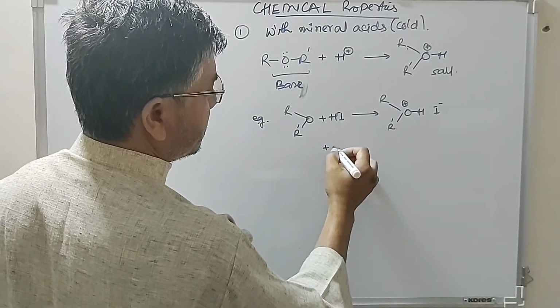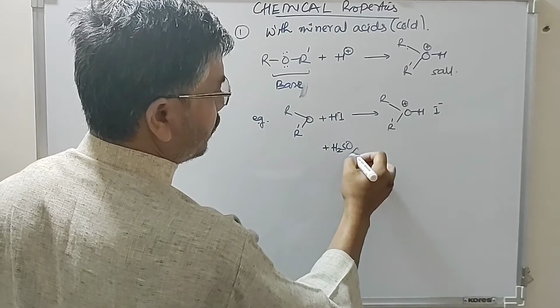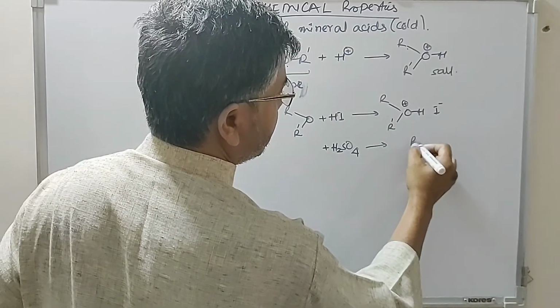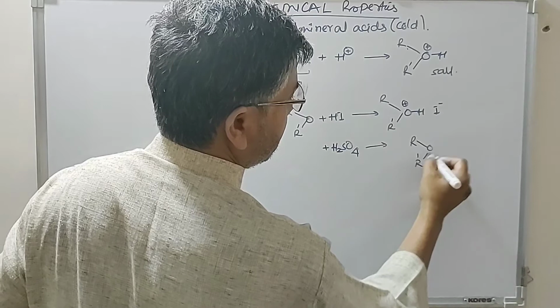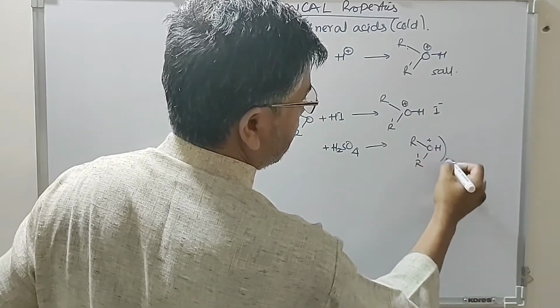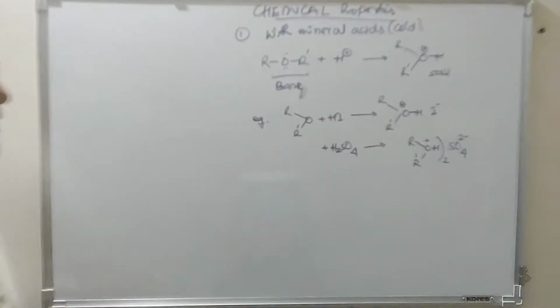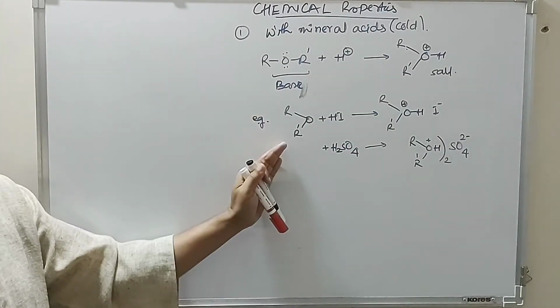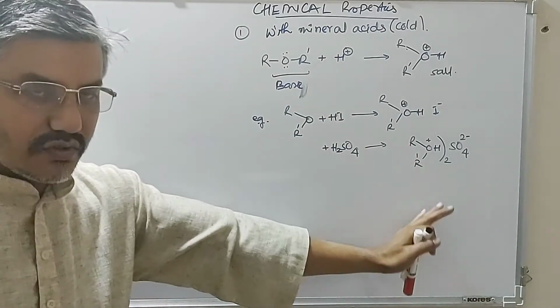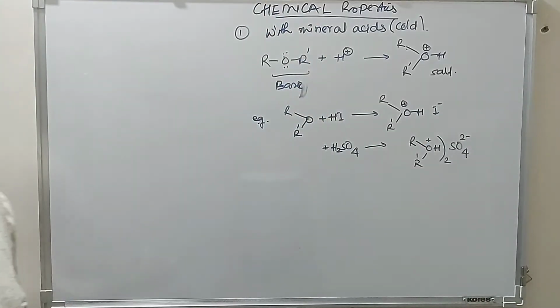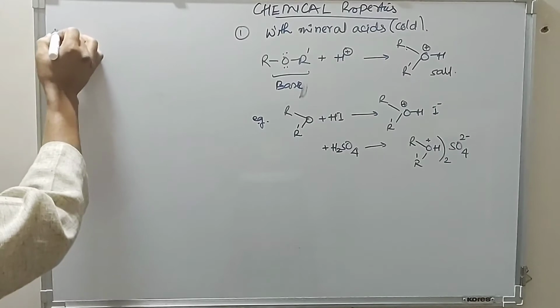If this reacts with sulfuric acid, then this gives you the sulfate, etc. So reaction of ethers with mineral acids under cold condition gives you simply salts. But if we react these with HI followed by heating, then they undergo cleavage of the ROR bond.